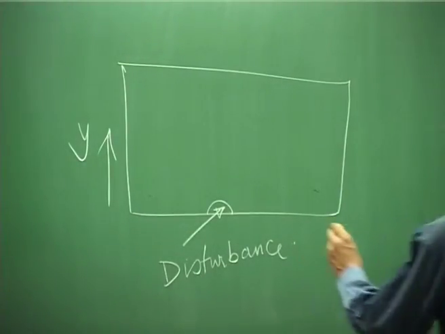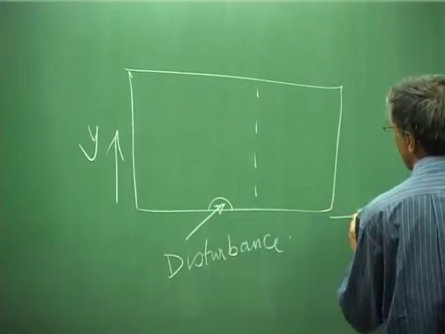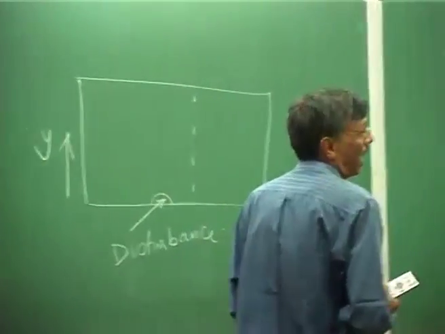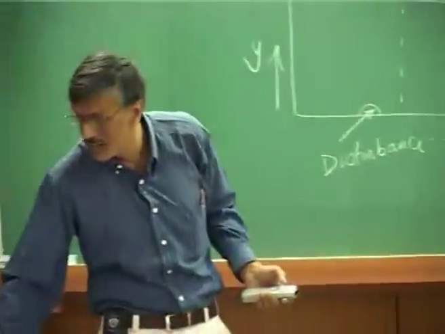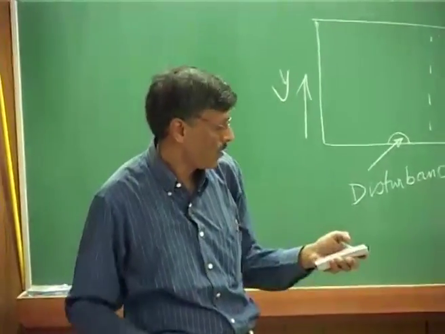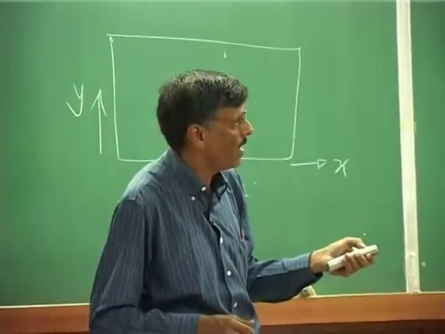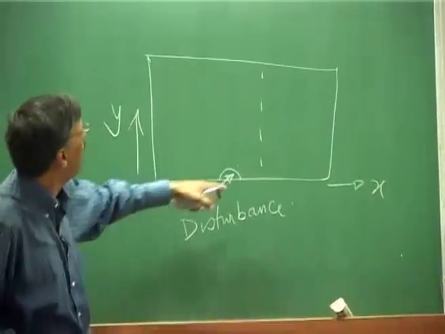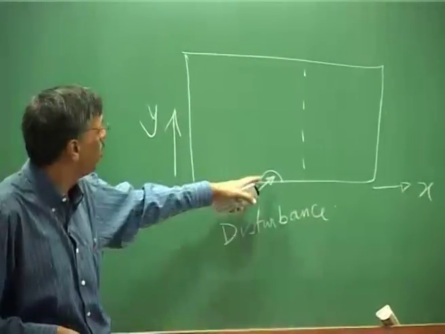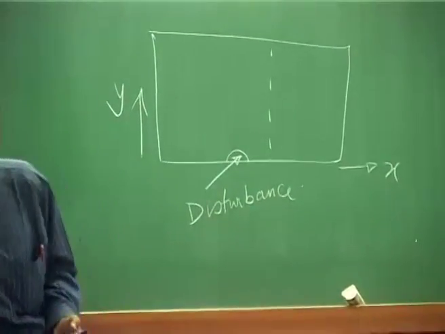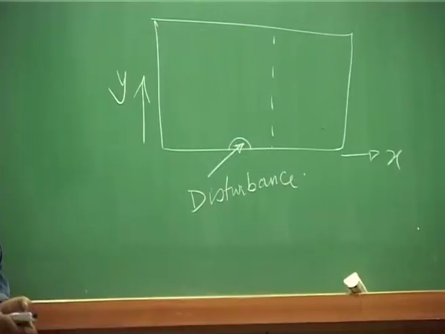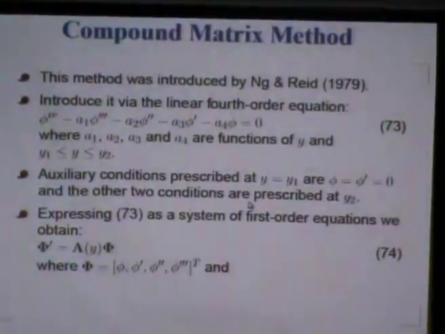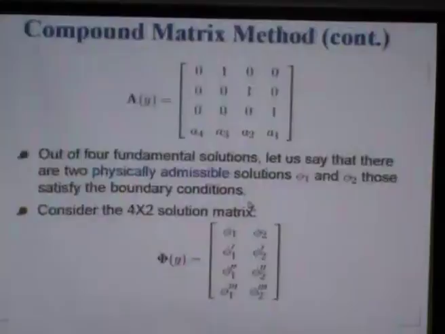So, if I am following a constant x line, and I have that differential equation, this is the variation with respect to y for a fixed x. Then as I go away from the source, of course, those two disturbances would decay, and that is what we are saying. The other two conditions would be prescribed as a limiting condition.